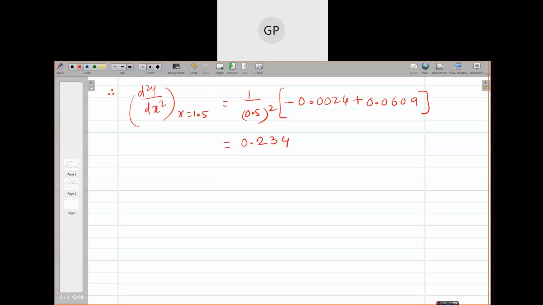It is 1 upon 0.5 square. So 1 upon 0.5 square is 1 upon 0.25, that will become 100 upon 25, na? And in the bracket it will be 9 minus 4 is 5, 16.